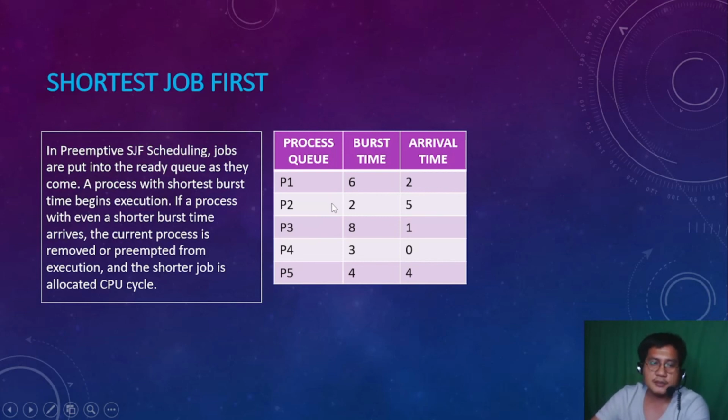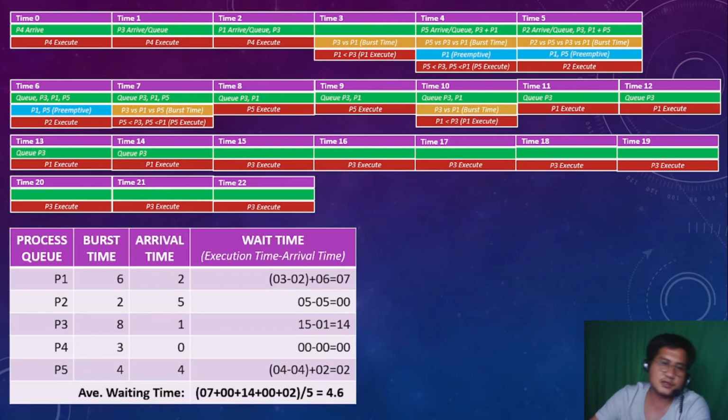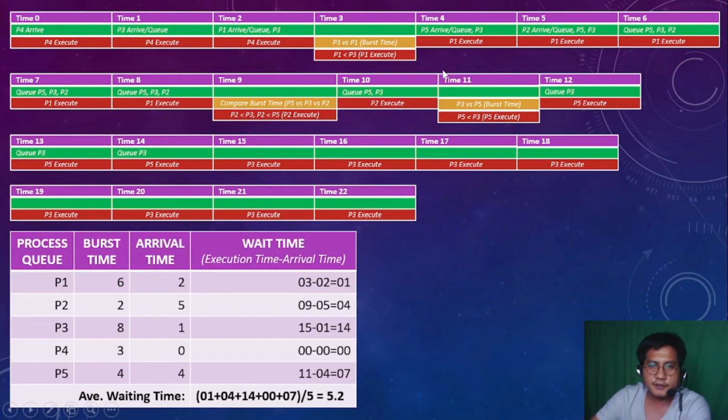Now, what happens in the preemptive scheduling algorithm of shortest job first is that if you look at this Gantt chart, you will notice that there are blocks colored blue added into the Gantt chart, instead of the previous one that has only green, yellow, and red aside from the time.